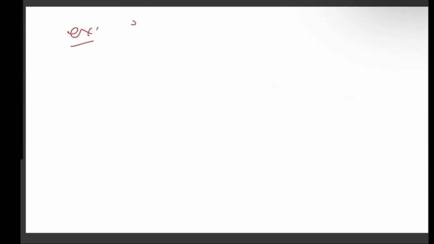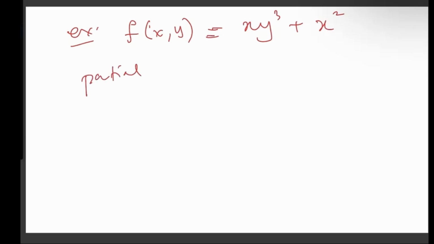We have f(x, y) equal to, let's say, x y to the power of 3 plus x to the power of 2. To differentiate it, we have to use what we call the partial derivative.